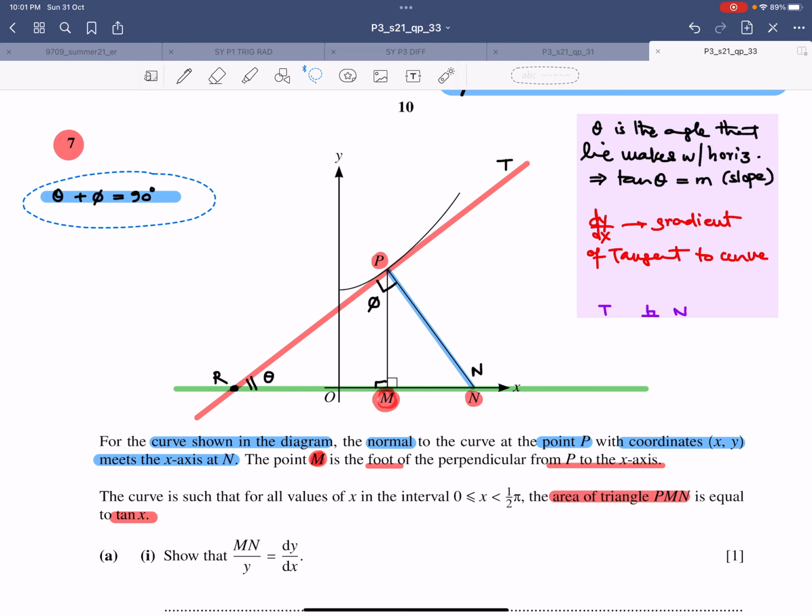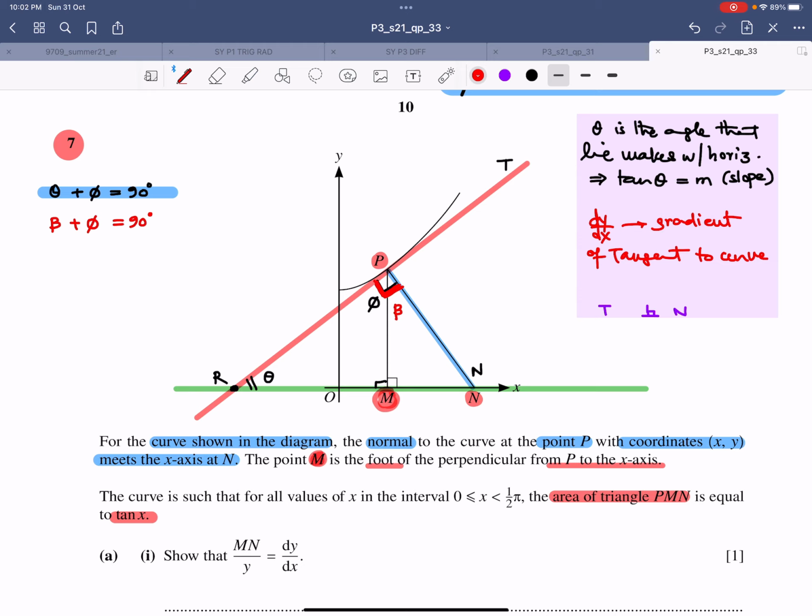I'll shift it a bit up. That is the first thing. The second thing is, this angle is again 90 degrees. Therefore, if this angle is 90 degrees, and let me label this angle as beta, so beta plus phi equals 90 degrees also, because tangent is perpendicular to normal.